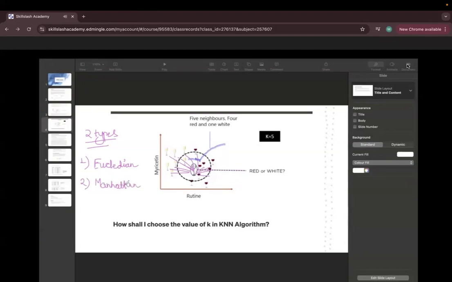As I told you, we are going to discuss this in detail in the near future. But let's talk a bit about how Euclidean and Manhattan are different from one another. Do you know that whenever we create a graph, there is always a grid kind of structure in the graph? You have seen real-time graph paper, right? You will always see boxes in that graph.